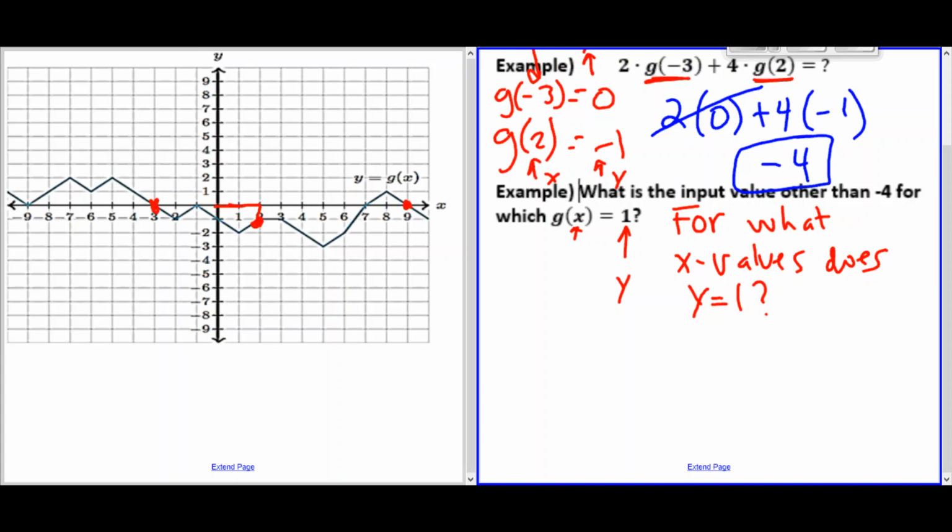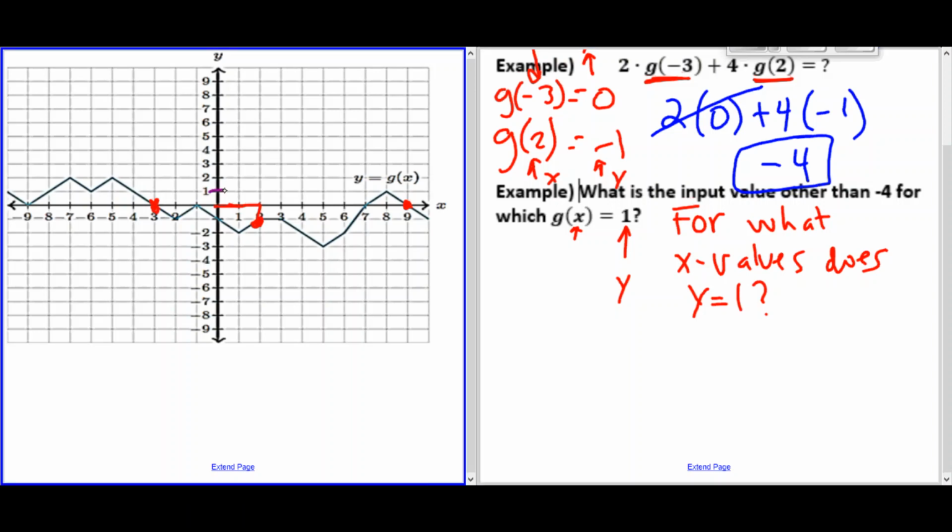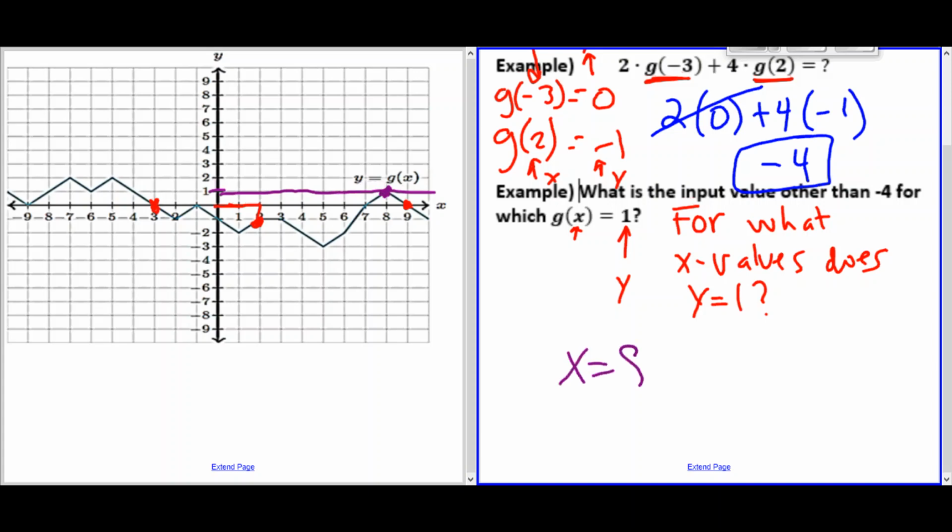So one method to do this is go to y equals 1. So I'm going to go on the y-axis and I'm going to go to 1. Extend your line to the right. And notice I only hit this graph once. I hit it at x equals 8. So I can say x equals 8.